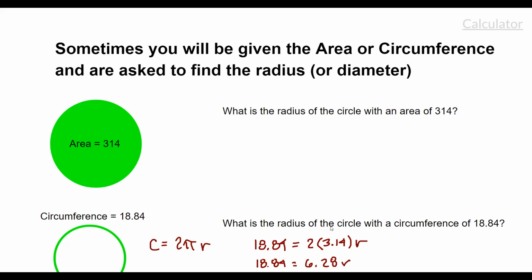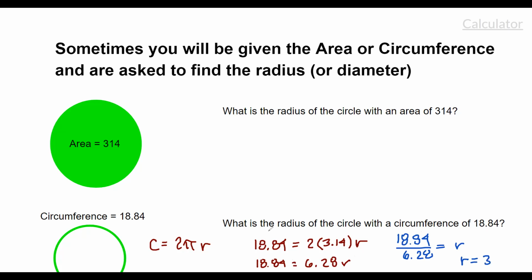And I'm going to divide both sides by 6.28 because that's what r is being multiplied by. We want to do the opposite operation as we have in other types of algebra problems where we're solving for a variable. That's all we're doing here. And that is going to be equal to r. And when we divide that out, we find that r is equal to 3.